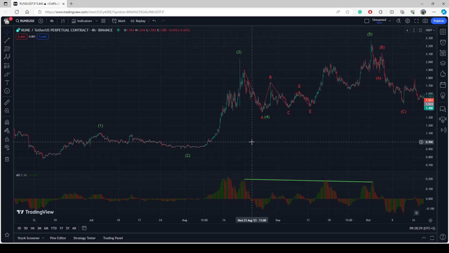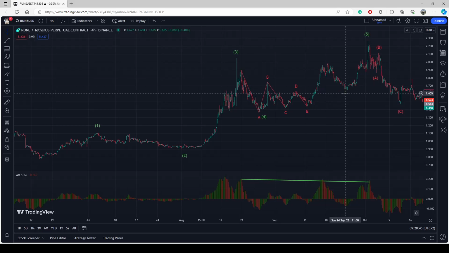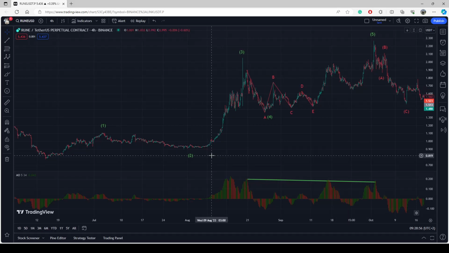Here is a nice ABCDE triangle pattern within the fourth wave, and we can also find the 1, 2, 3, 4, 5 waves in the fifth one, as an ending fifth wave in the cycle. This is a really textbook chart on Rune USDT on the 4 hours chart.